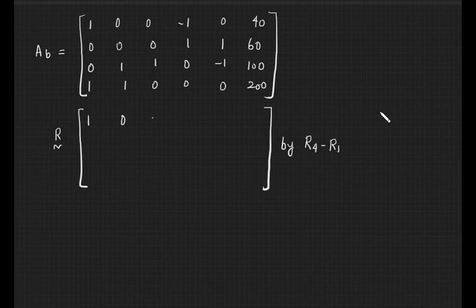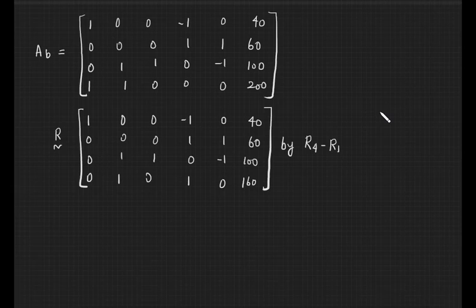So we'll write down these coefficients first: 0 0 0 1 1 60, 0 1 1 0 minus 1 100, and then 1 minus 1 becomes 0, 1 minus 0 becomes 1, 0 minus 0 becomes 0, 0 minus minus 1 becomes plus 1, 0 minus 0 becomes 0, 200 minus 40 becomes 160.